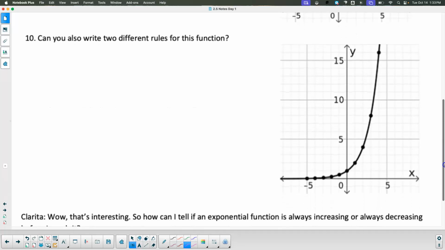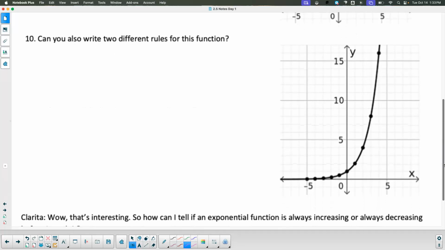So number 10 here. Let's get off of the h's and the g's. I'll start with h of x is 2 to the x power. That's what that function is. What would be the other way of writing it? First off, let's come up with a name.